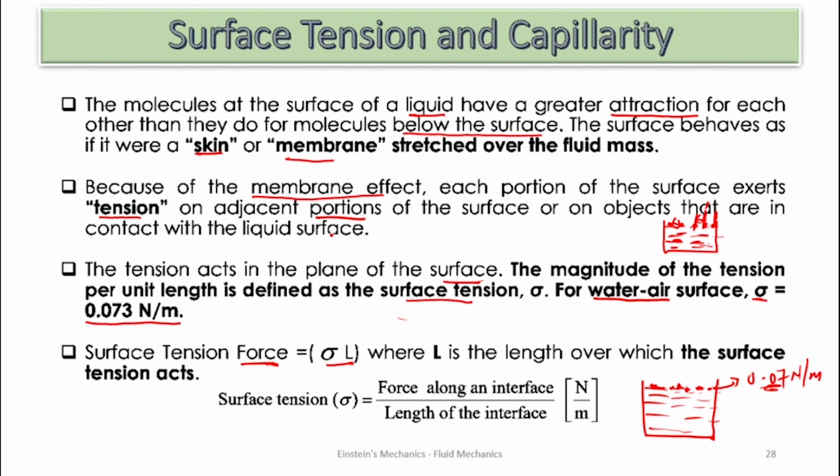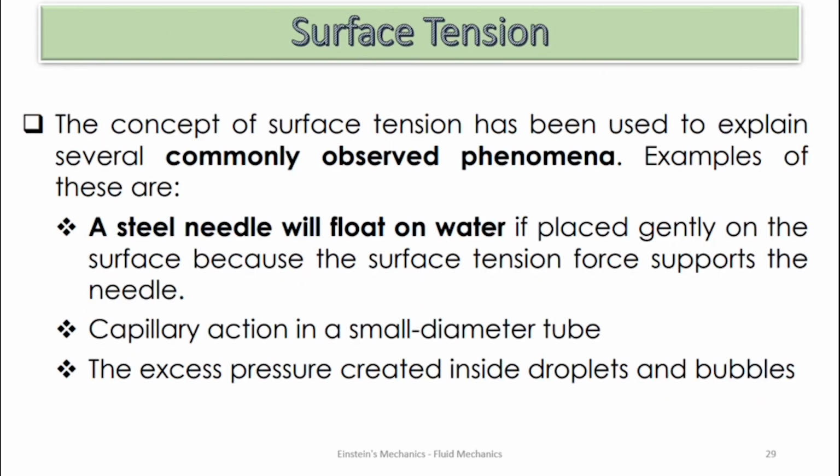Let's see some applications of surface tension. The concept of surface tension has been used to explain several commonly observed phenomena. We see many phenomena in our daily activities which can be explained only from the idea of what? Surface tension. Example: a steel needle will float on water.